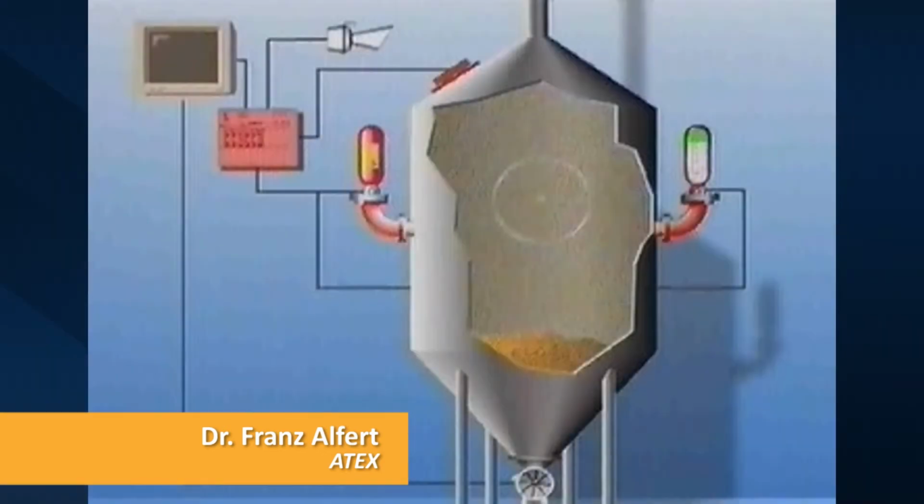The flame speed, when you initiate an explosion, is something like 5 to 10 meters per second. So that means we have, in that respect, a lot of time to do something about it.